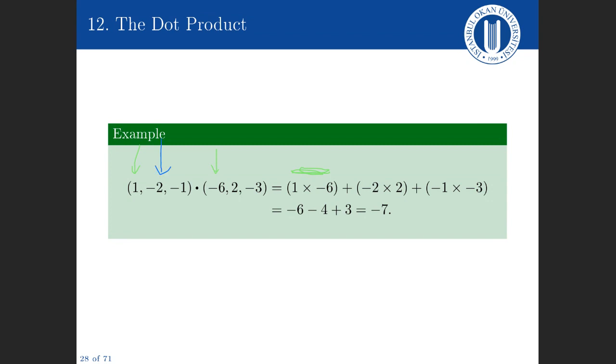And then we take the second numbers, -2 and 2, and we multiply them together. And then finally, we take the third numbers, -1 and 3, and we multiply them together. We get -6, -4, and -3. Add these numbers together, we get our dot product of -13.